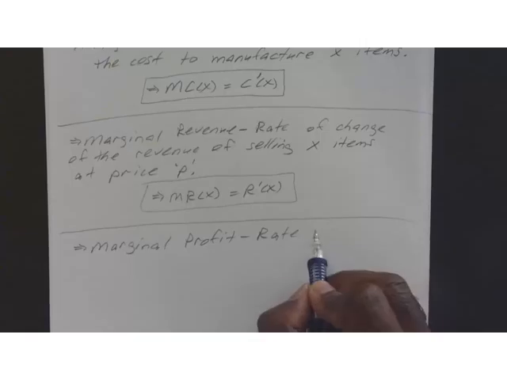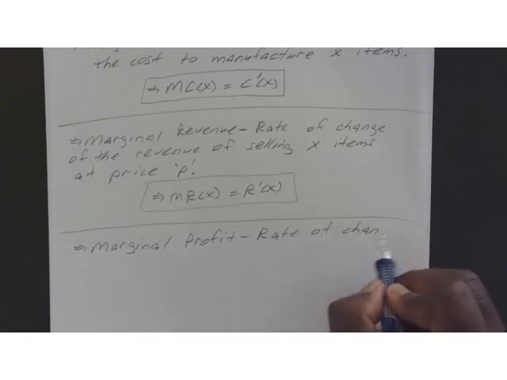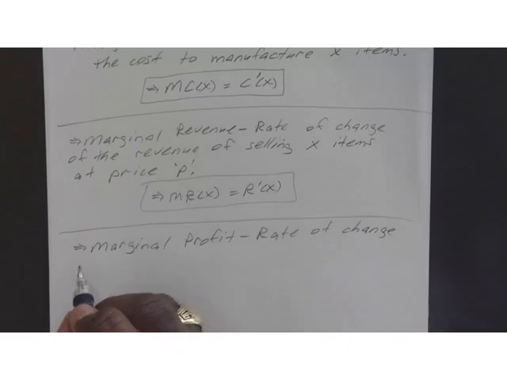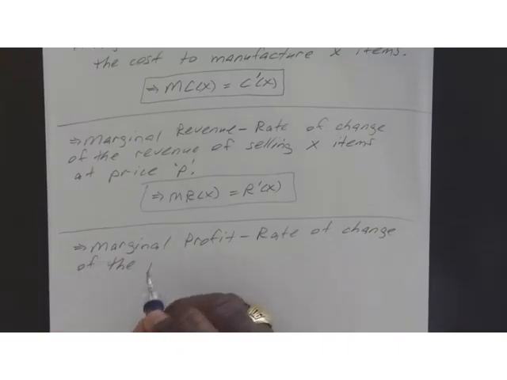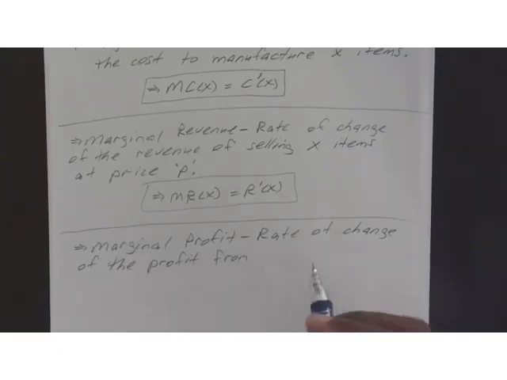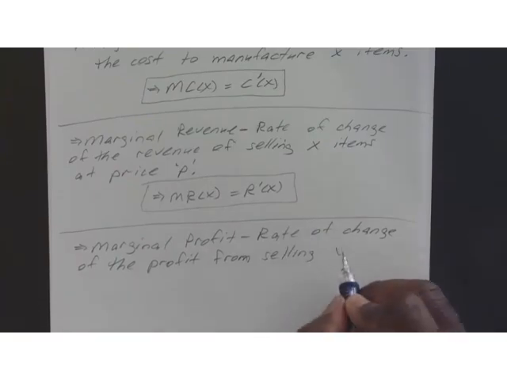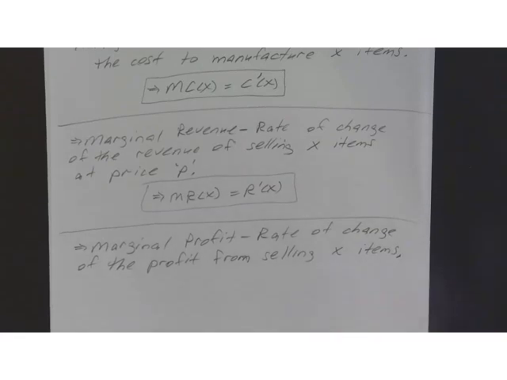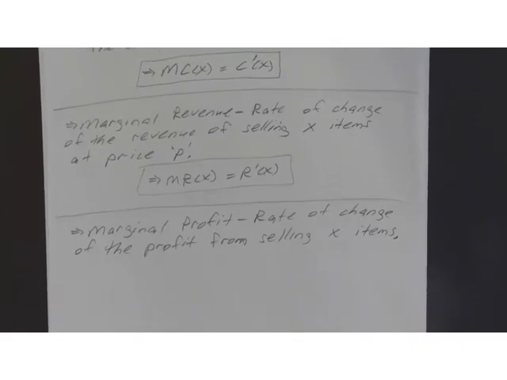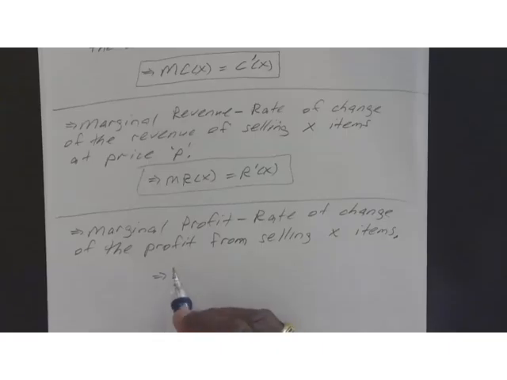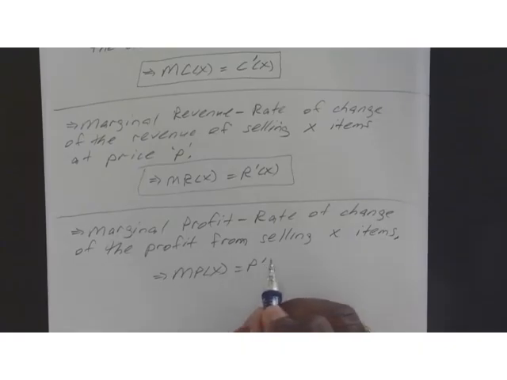And that's the rate of change of the profit from selling X number of items at whatever price they were selling them at. And their marginal profit is just P prime of X.